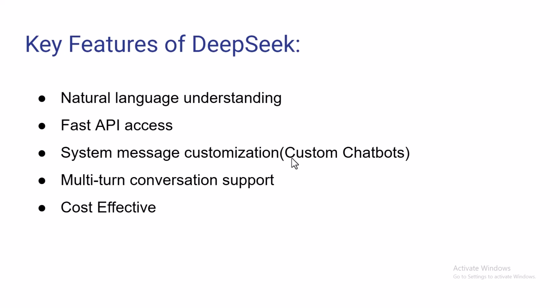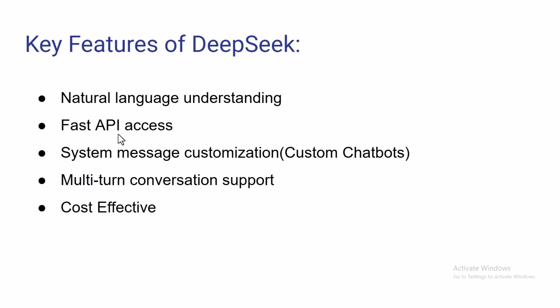The second feature is their fast API access. As we want to use these models inside our own applications, for that purpose we need their API. DeepSeek provides a very simple and easy to use API, so we can easily use these models inside our custom applications.